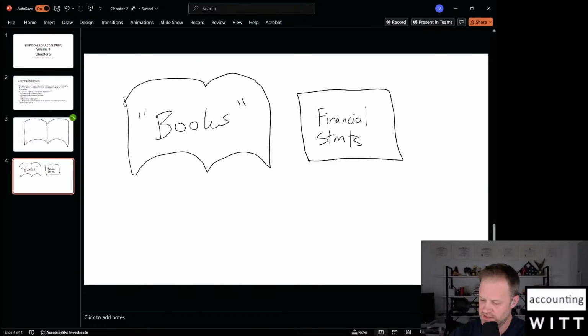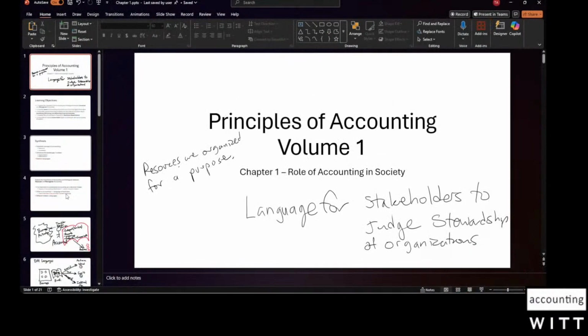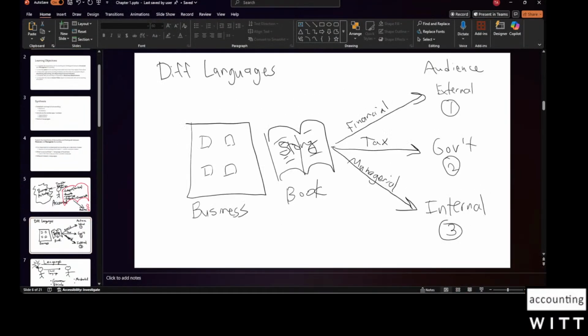The problem with this is in all the diagrams, I always synthesize all this together as, if somebody is communicating their story to outsiders. So I need to change how I do that. Because, for example, in chapter 1, I'm saying, okay, a business has its books and it communicates it.